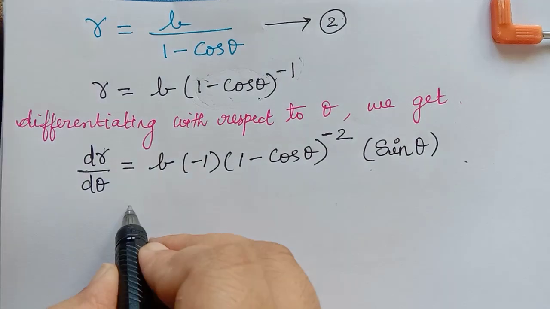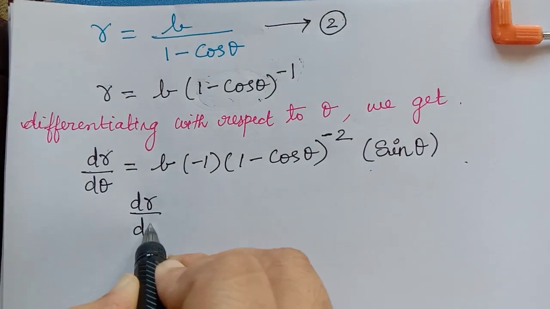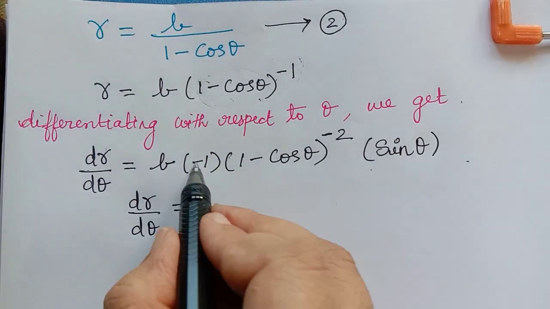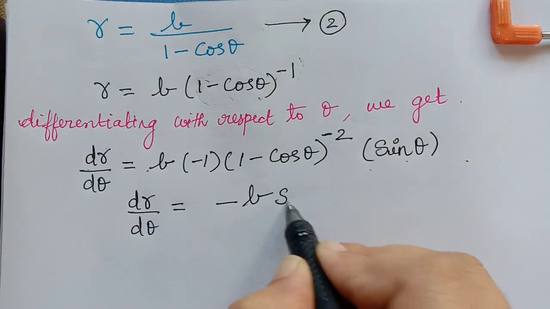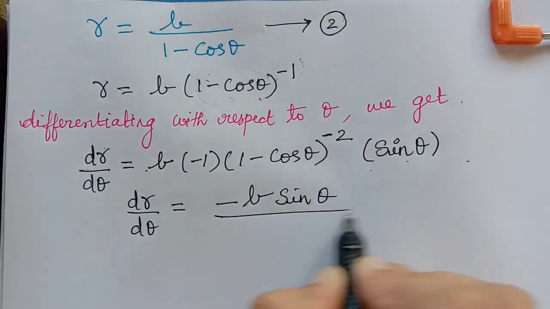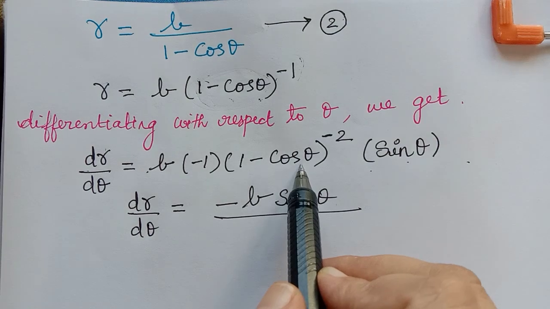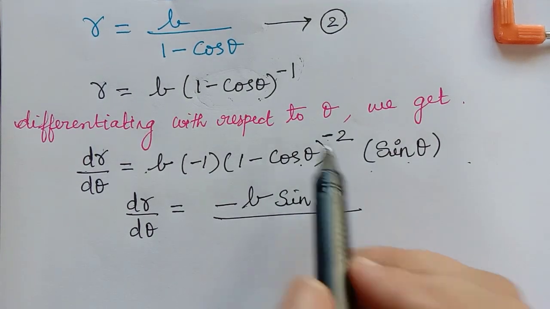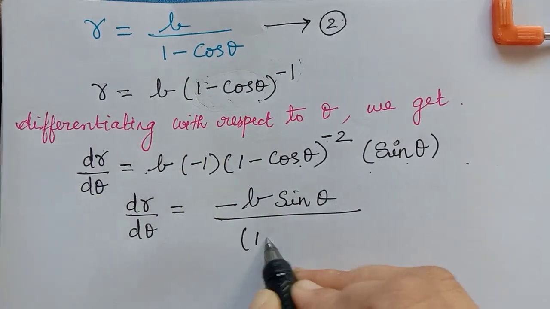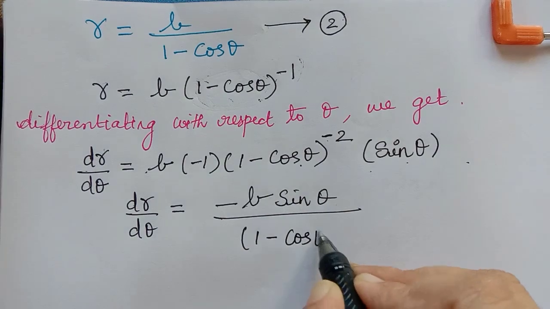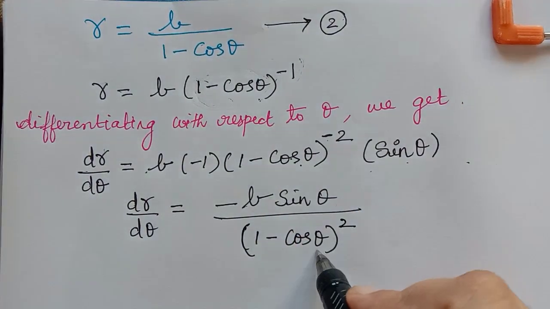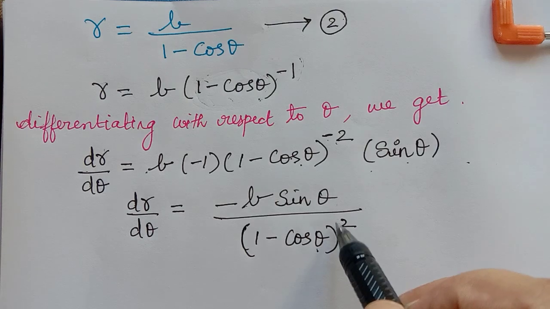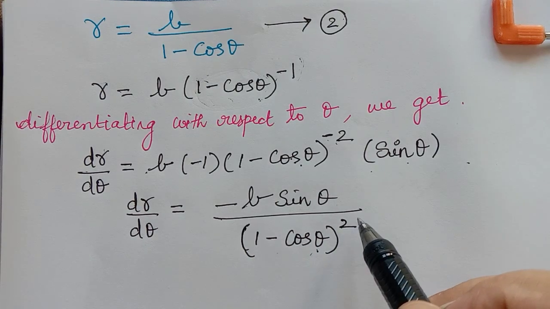Therefore we have obtained dr by d theta to be equal to minus b sin theta, and divided by, we can take this (1 minus cos theta) to the power minus 2 to the denominator, so that we can keep the power positive. So (1 minus cos theta) the whole square.